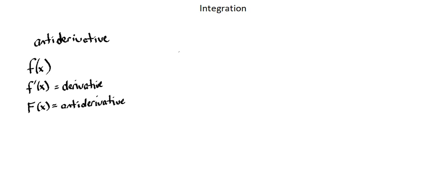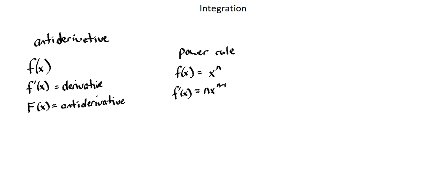Let's start by considering the power rule for differentiation as our example. If I know that the function of x is x to the power of n, then the derivative function is n times x to the power of n minus 1.